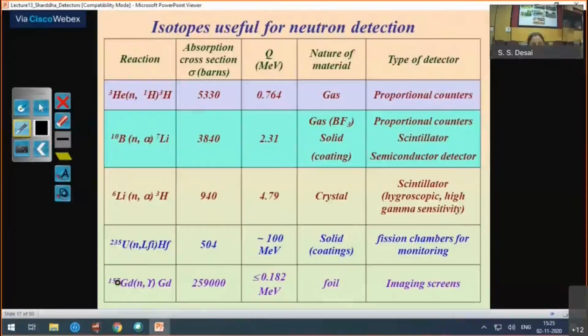Here gadolinium-157, this isotope has a very high cross section, so we may think why not use this. But you can just go through the secondary continuum beta output, which has a continuum up to 182 keV. So here gamma discrimination is not possible and this Q energy is quite low. So this can be used only for imaging screens and foils. So here we will concentrate more on only helium-3 and boron-10 reactions.